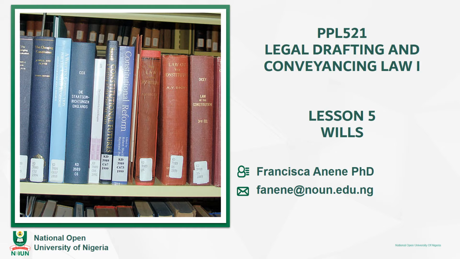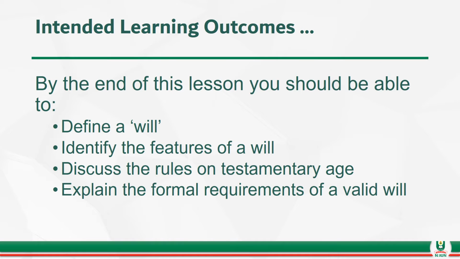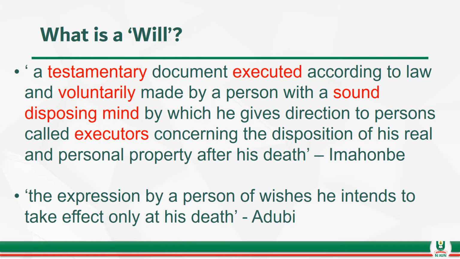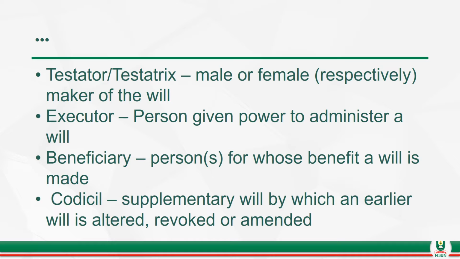This is our fifth lesson, and in this lesson, we'll be looking at wills. It is important to mention some important terms that we will be using when we're talking of wills. First is a testator or testatrix. Testator is male, testatrix is female, simply the maker of the will. And then you have the executor.